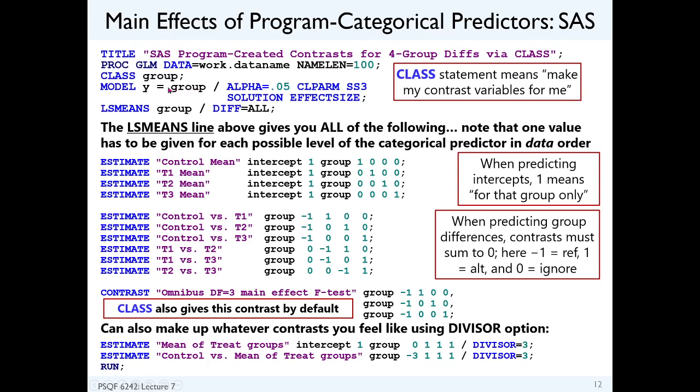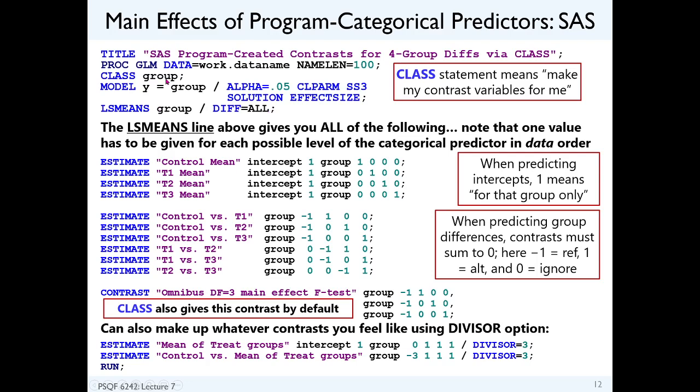The use of the class statement also allows you to specify this statement, which is LSMEANS, which stands for least squares means. Putting group on here means, hey, can you give me what the model says the mean should be for each of my groups? Oh, and by the way, diff equals all allows you to get all possible pairwise differences.